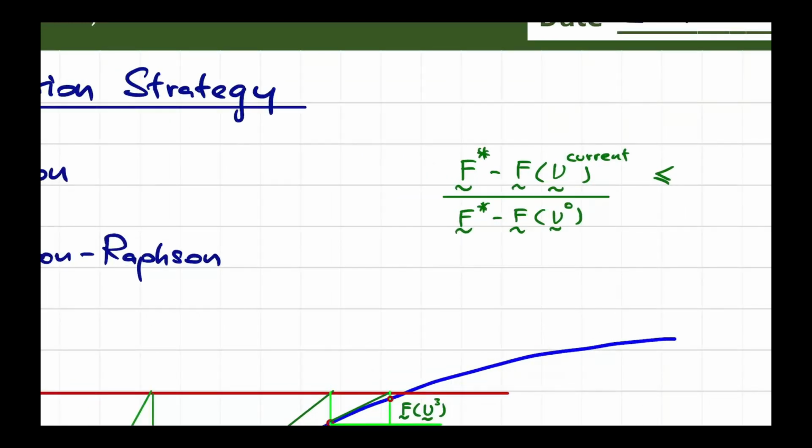So basically this one is the definition of the current residual, and the other line is the original residual.